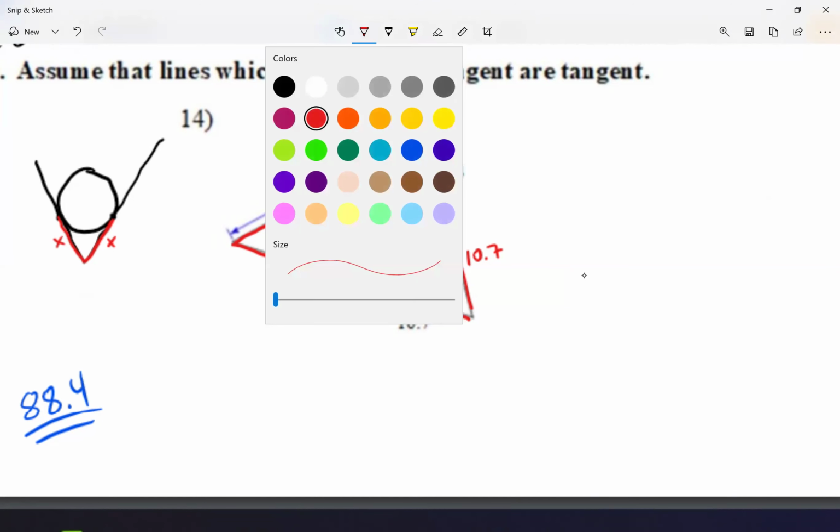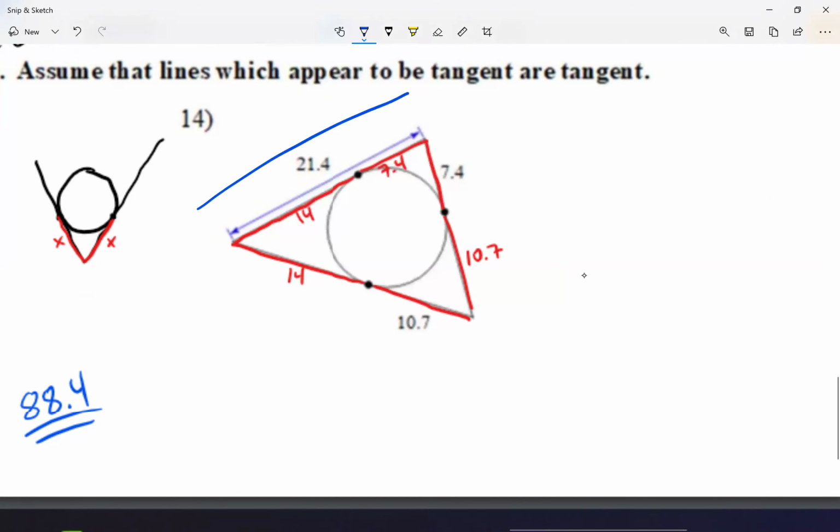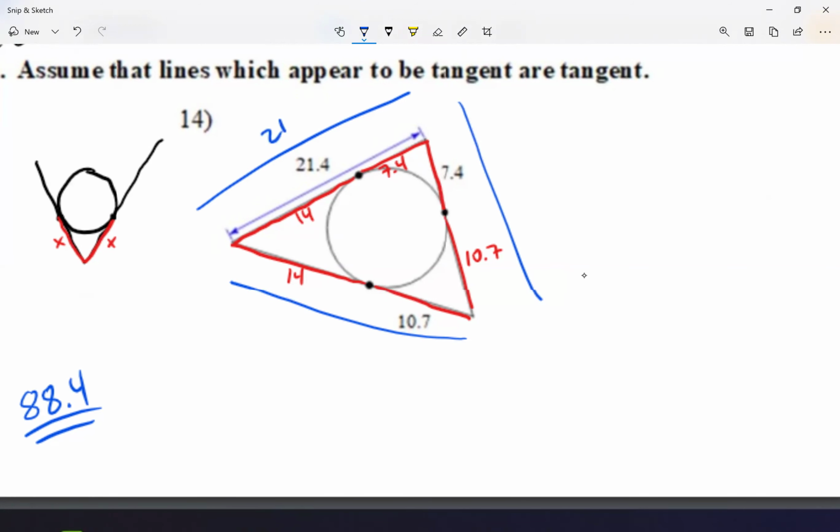Now looking at my polygon, it has 3 sides. There's one right here, one right here, and one right here. This one right here is 21.4. I had it there, 21.4, or I could have added the 2 small segments. Now for this one right here, you can see my cursor moving. So this one here, 7.4 plus 10.7. If I add those two, I find out that this is 18.1.